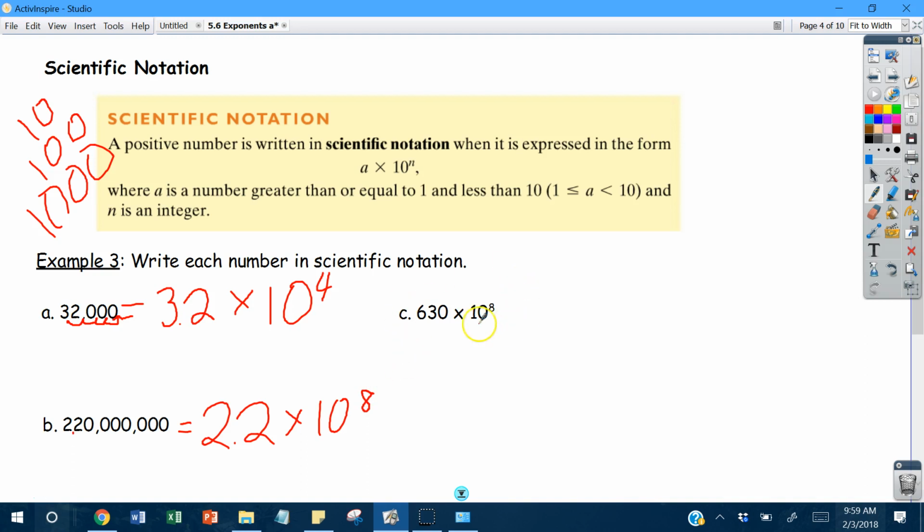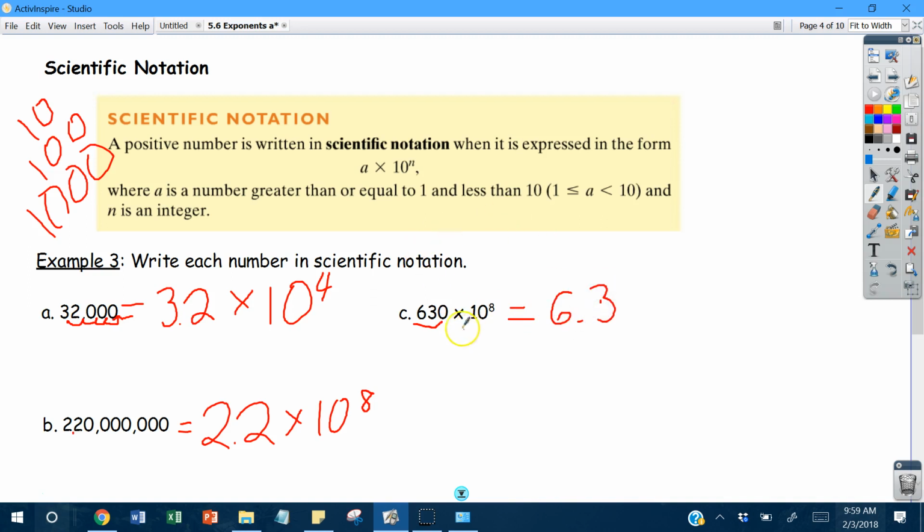Now C looks like it could be in scientific notation already, because I see a number here, and I see it's 10 to a power. However, this number here is not between 1 and 10, which means I still need to change this a little bit. So let's express that 630 as 6.3. That's kind of how we started the other two.